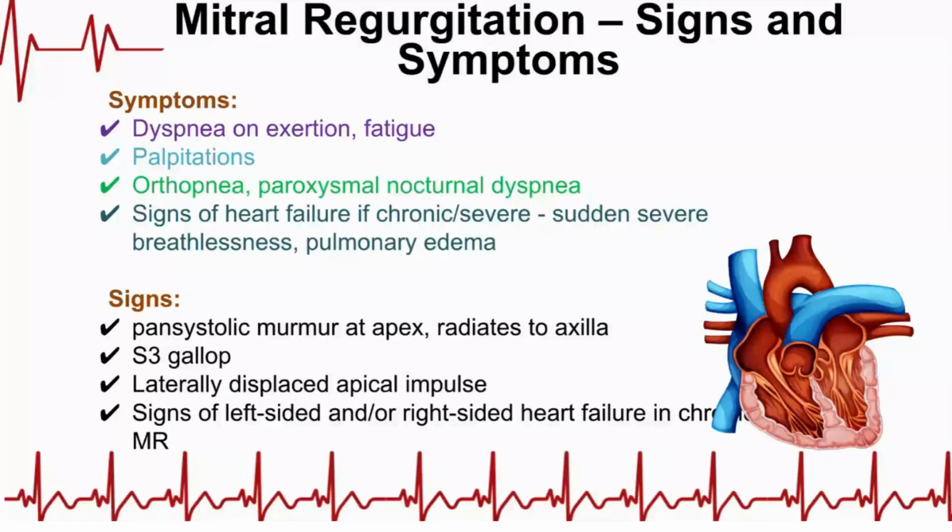So paroxysmal nocturnal dyspnea is essentially, paroxysmal means on and off, nocturnal means night, and dyspnea, obviously, shortness of breath. So these patients essentially wake up from their sleep with shortness of breath. Now, why does this happen? This happens because when you sleep, you have reduced adrenergic drive. So the left ventricle doesn't have the same sympathetic support to contract.